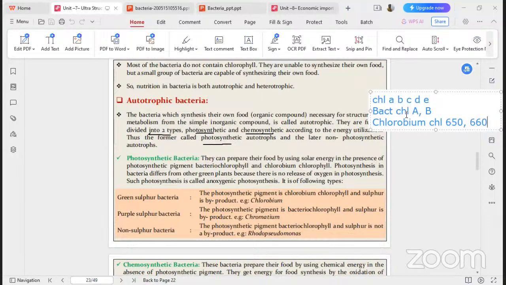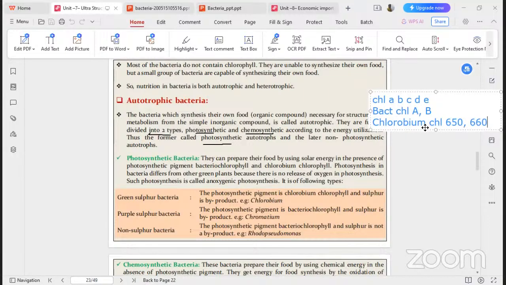These four are present in photosynthetic bacteria, not in all the bacteria.